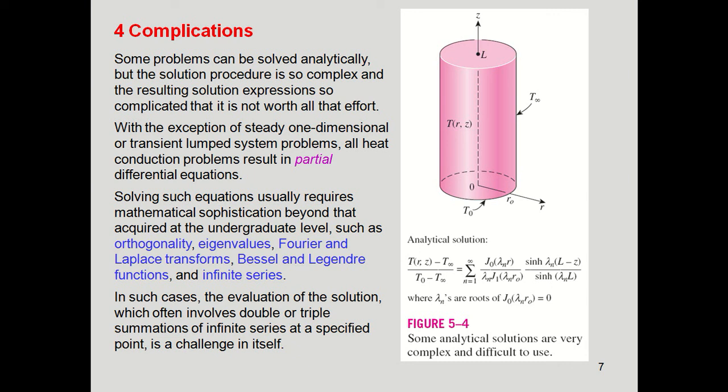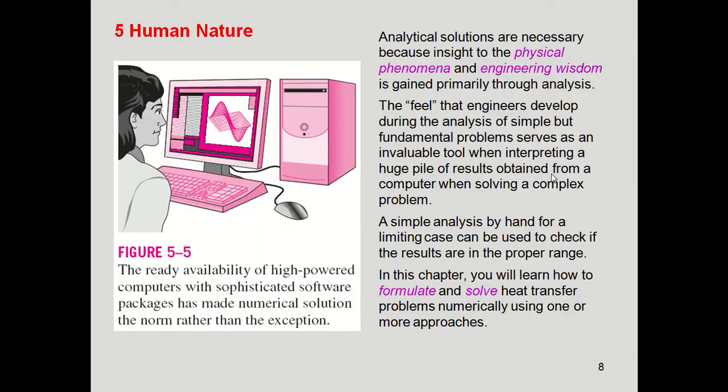So sometimes it is very complicated to solve the problem by using an analytical solution. We have given an example here to find the temperature of a long cylinder at a particular radius. We have written the analytical solution here, and this is very difficult to solve to find the temperature. So this is the complication of the analytical method.